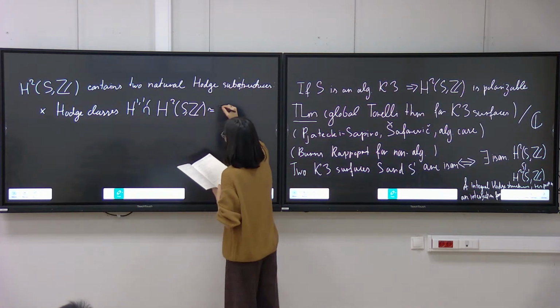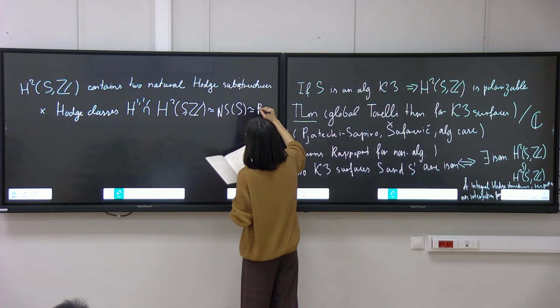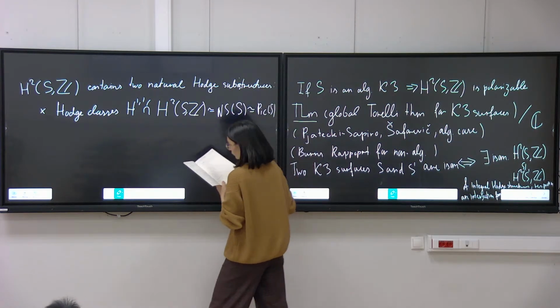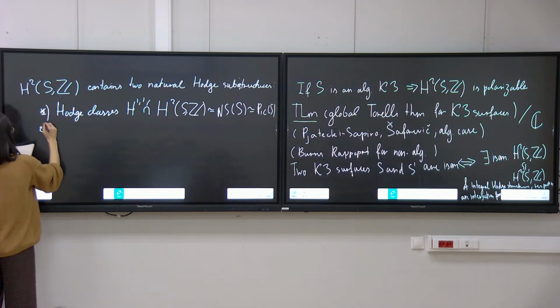In our case, this is the Néron-Severi group of S, and this is the Picard group of S. And the second one is the so-called transcendental lattice.